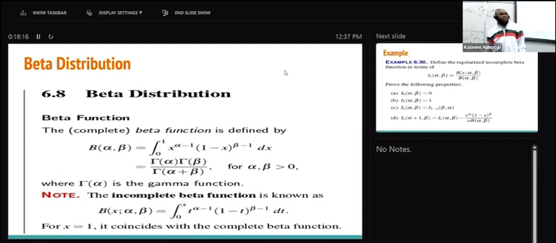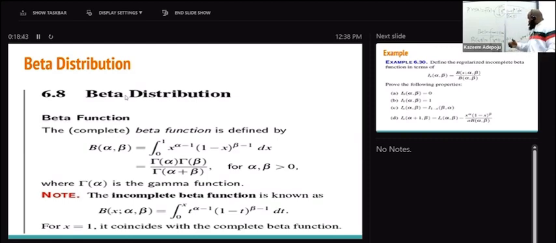Now, if I have something like this, it is going to be incomplete, and that is the reason it is called the incomplete beta function. The numerator is basically going to be incomplete. The only way it can be complete is if x is 1. Then the whole thing is going to be 1. Why?